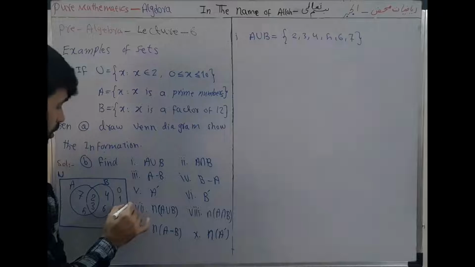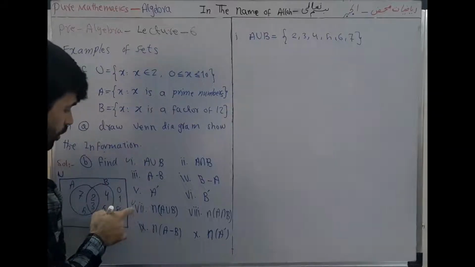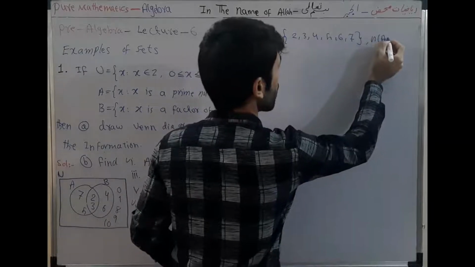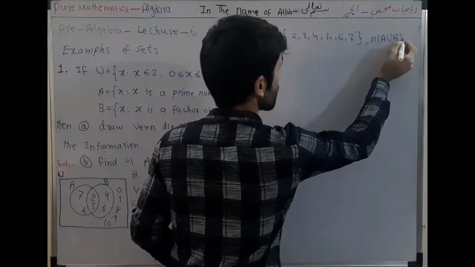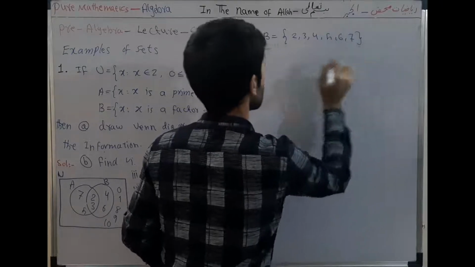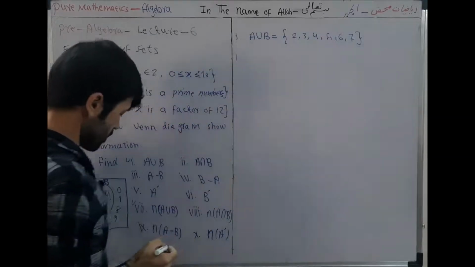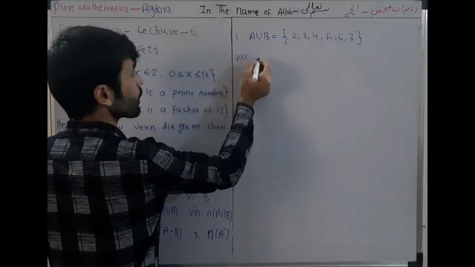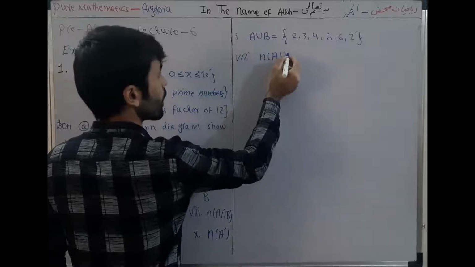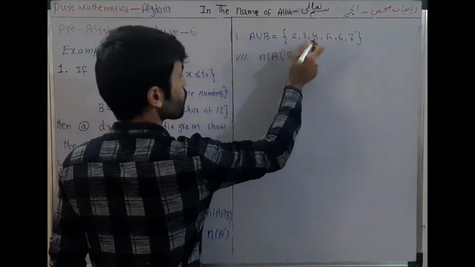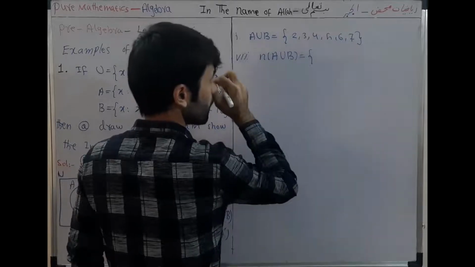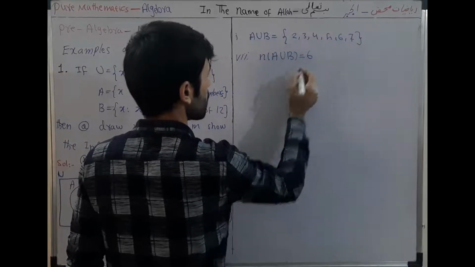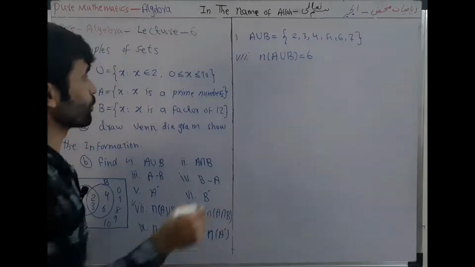It has 6 numbers. So n of A union B is equal to 6.